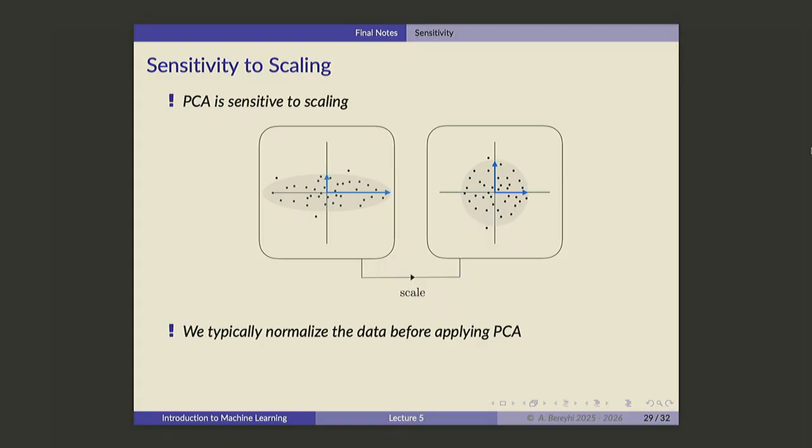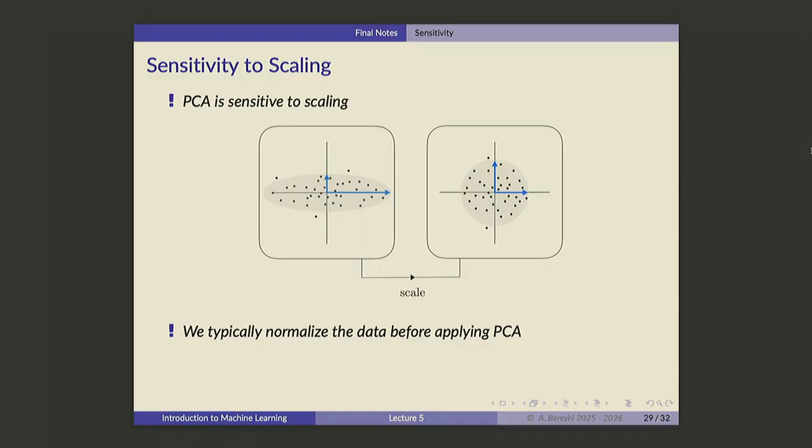A few things that I wanted to mention at the very end. The first thing is that PCA is quite sensitive to scaling. What does it mean? It means that if you have your data shown in one unit, for example, look at these samples, where your horizontal axis is presented in centimeters, the x-axis showing the height.